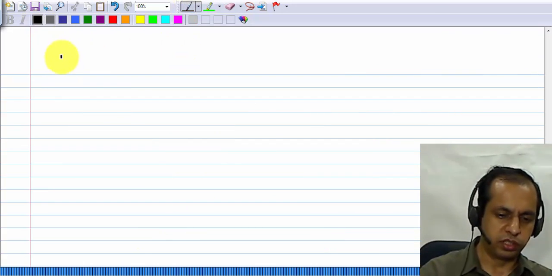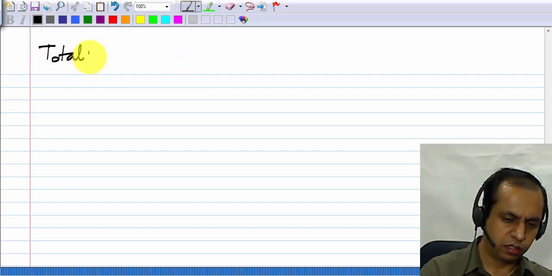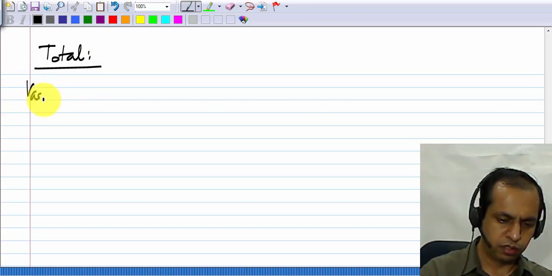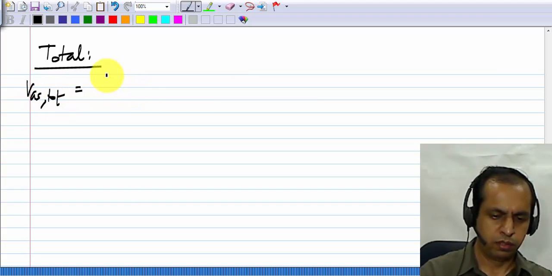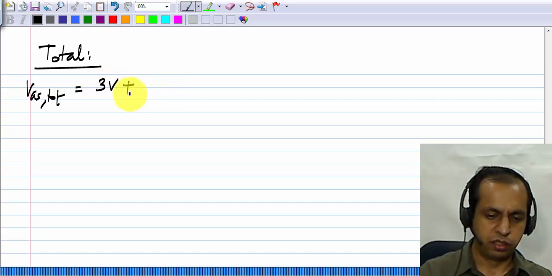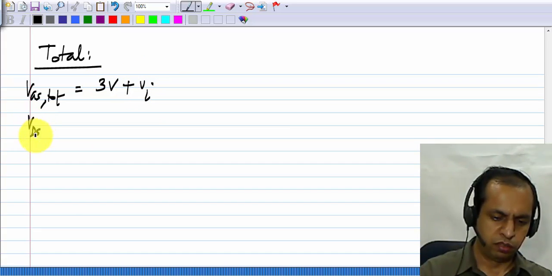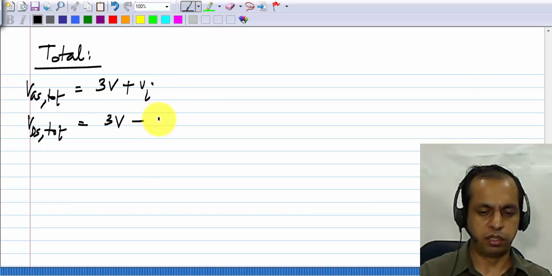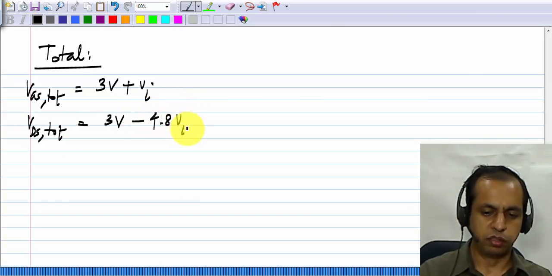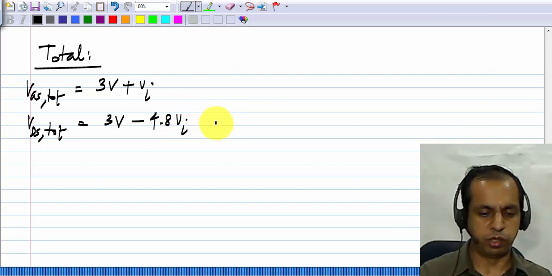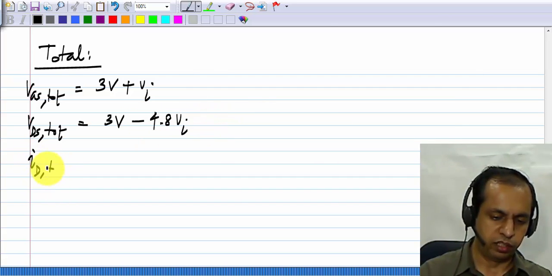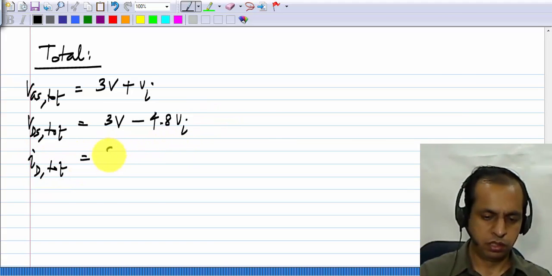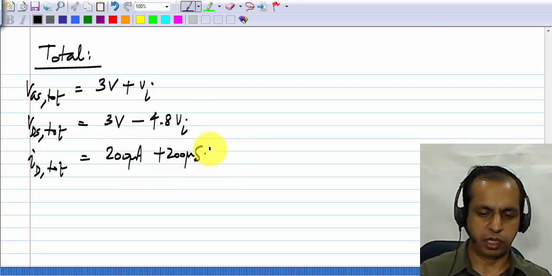So the total quantities will be: VGS total is the operating point part plus VI, VDS total is the operating point part minus 4.8 VI, that's the incremental part of it, and ID total is 200 microamperes plus 200 microsiemens times VI.